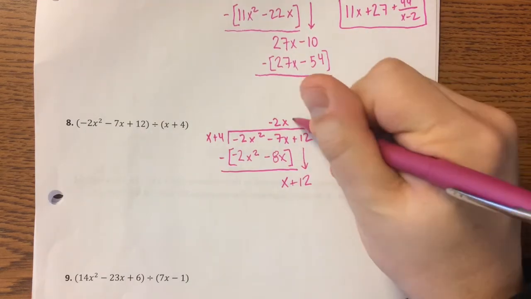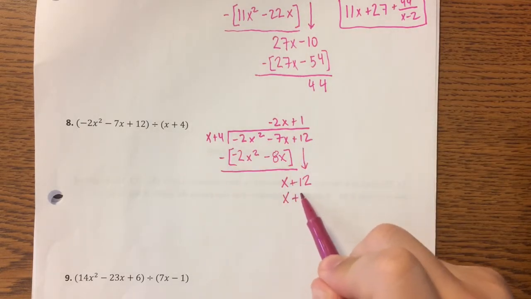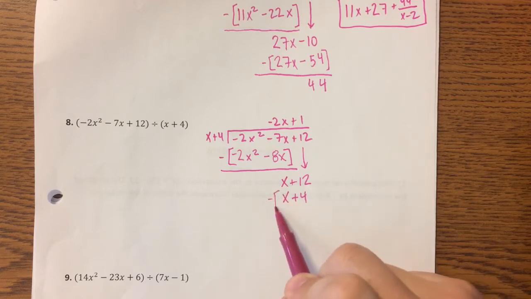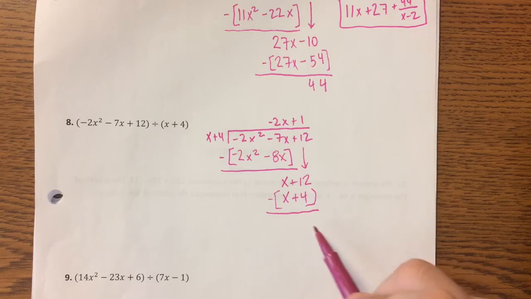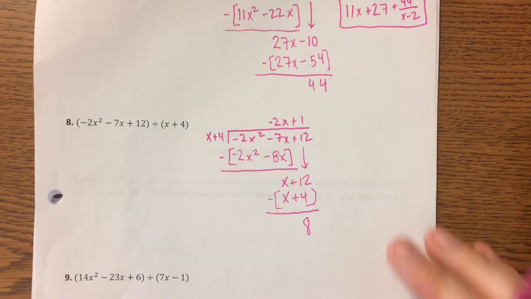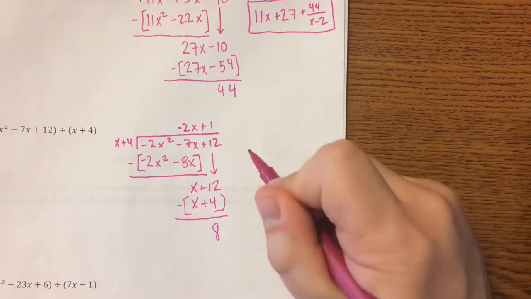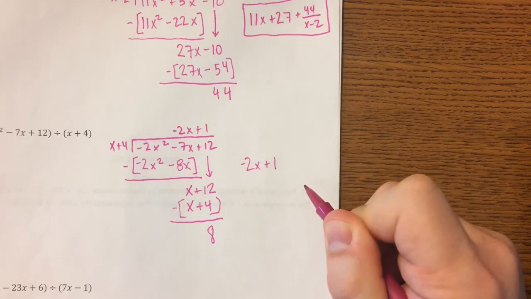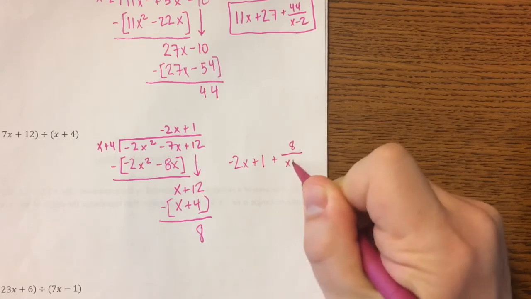So plus 1. 1 times x plus 4 is x plus 4. And I subtract. So what's my remainder? 8. Yeah. All right, so my final answer here is negative 2x plus 1 plus 8 over x plus 4.